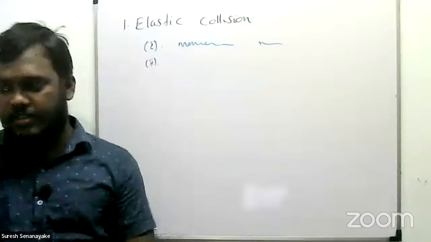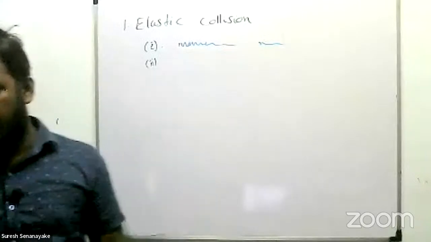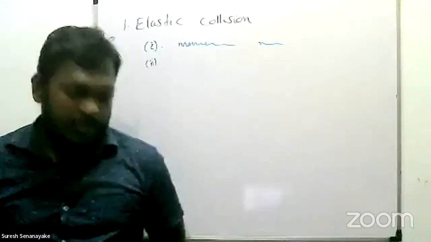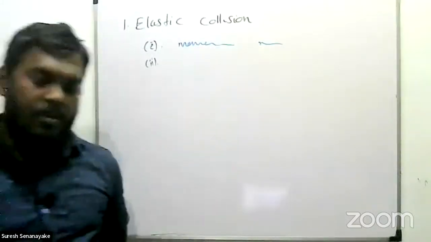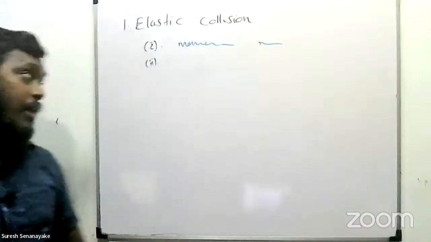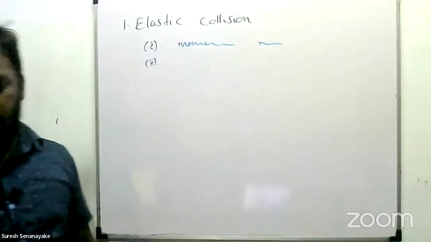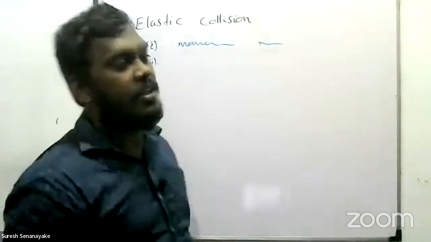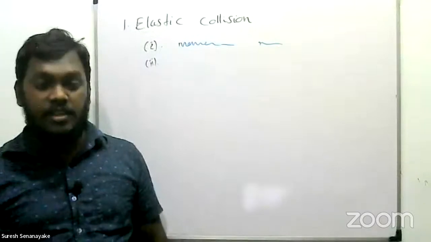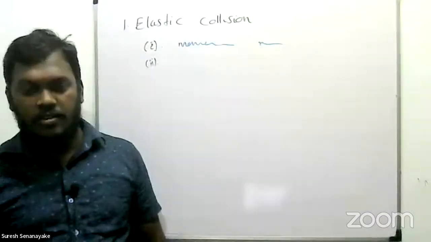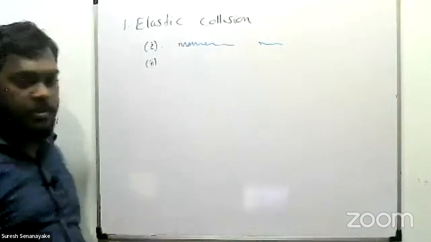The kinetic energy is conserved. That means the forces involved during the collision are conservative forces. That's why the energy can be conserved. You can write this because mechanical energy conservation you can apply.